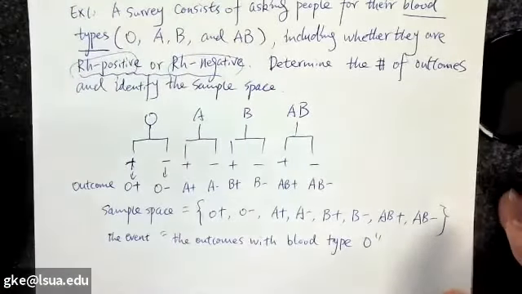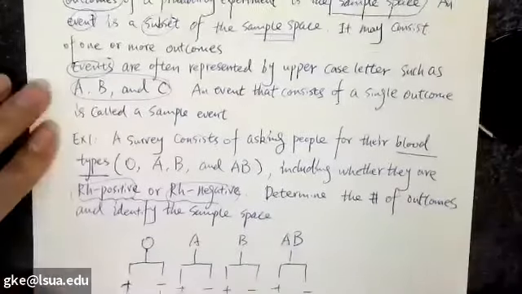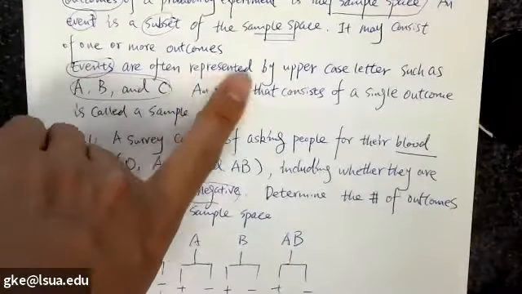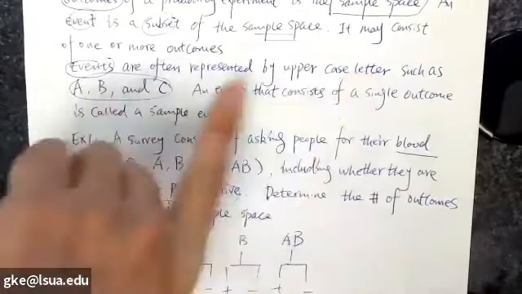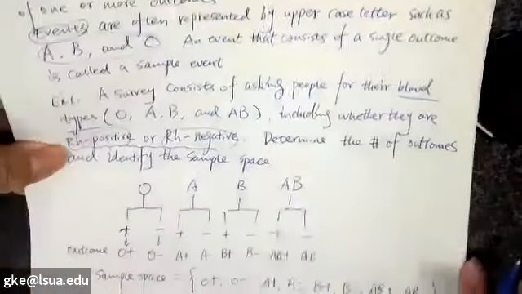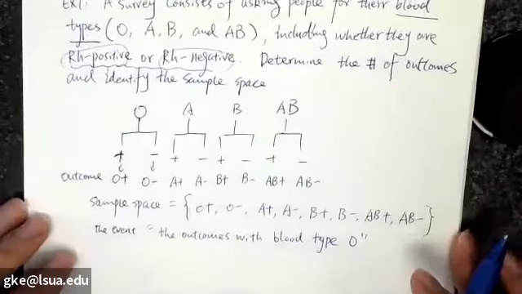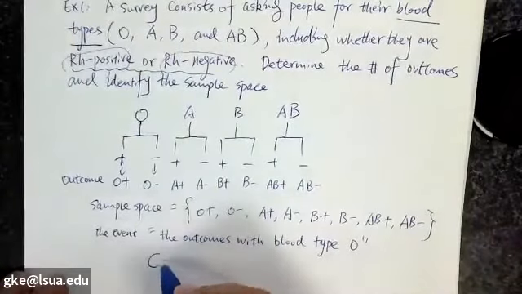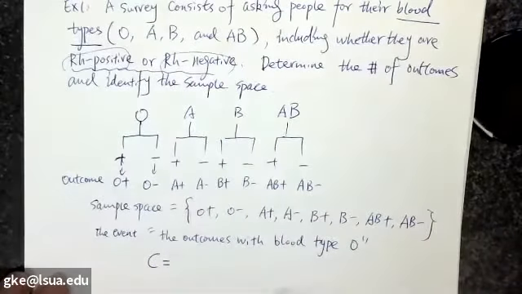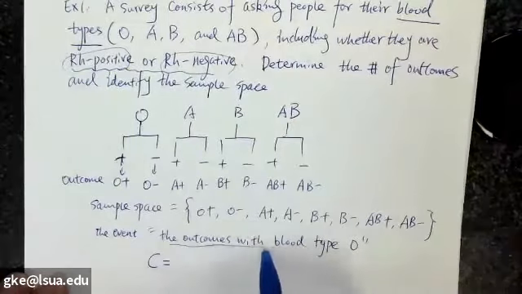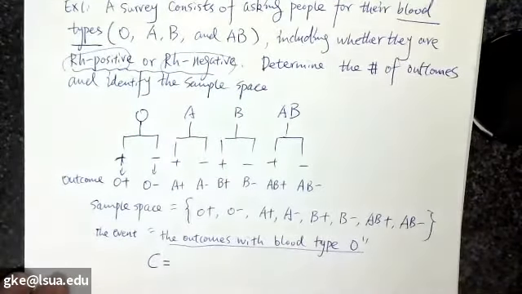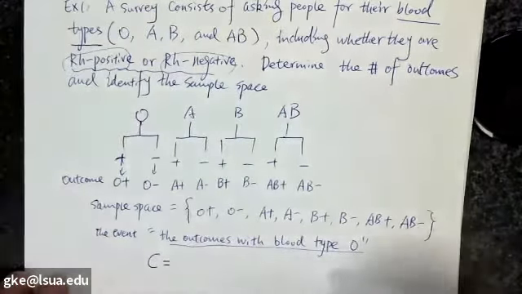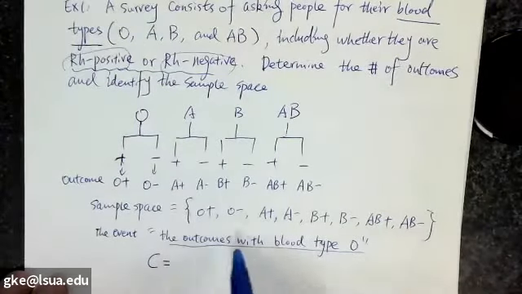As we said before, events are often represented by an uppercase letter, such as A, B, C. Because I already used A, B, O, I can use C for the event. The outcomes with blood type O: how many do we have with O?